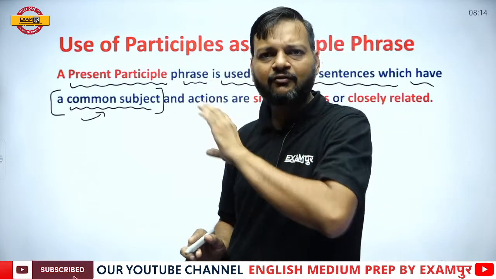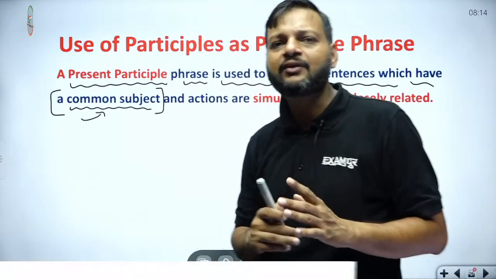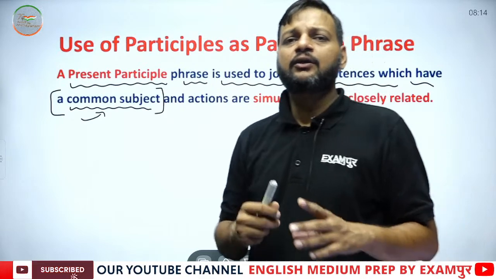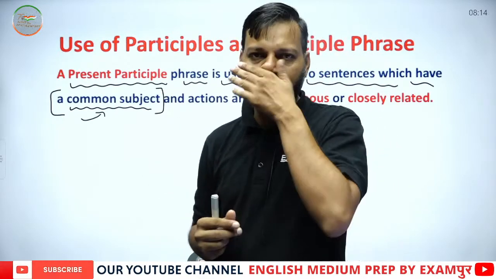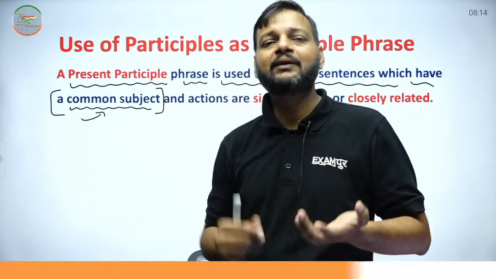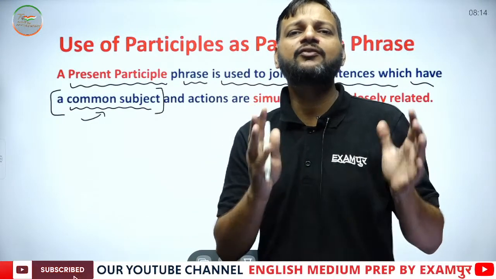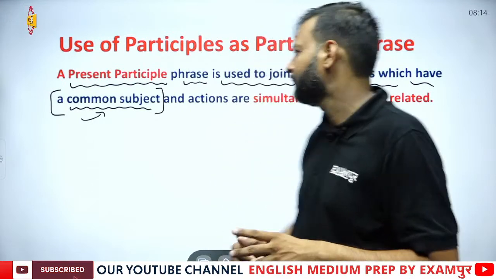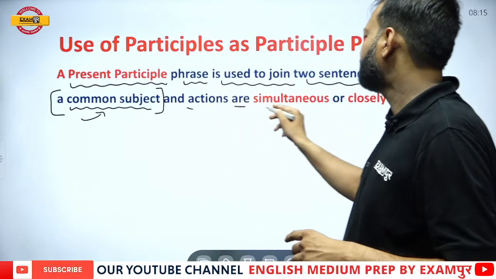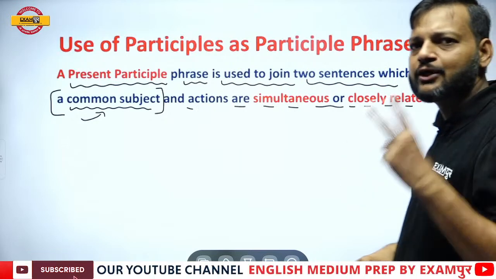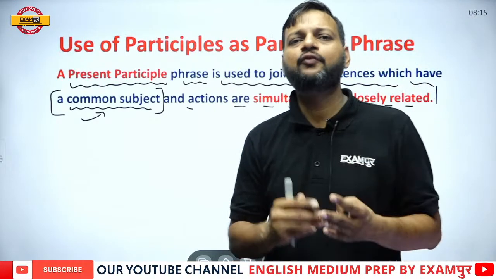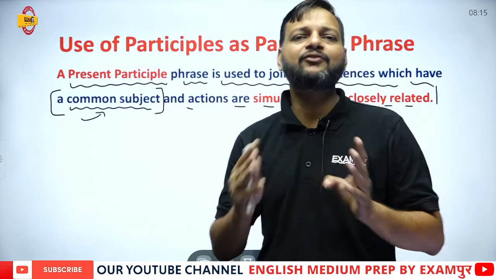Two sentences which do not have a common subject cannot be joined using a participle. To use a participle, it is mandatory that both the sentences have the common subject and the actions are simultaneous or closely related. So there are two conditions without which use of present participle is not possible.